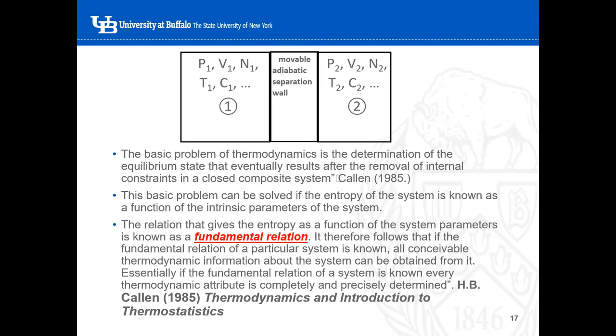Now, where is this fundamental relation? That relation is not available in textbooks or in papers. You have to derive it mathematically for the system, from physics and mathematics. So that requires a derivation. You have to understand the system and derive the fundamental relation.